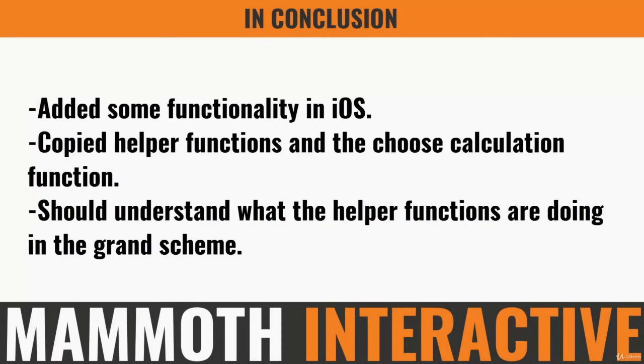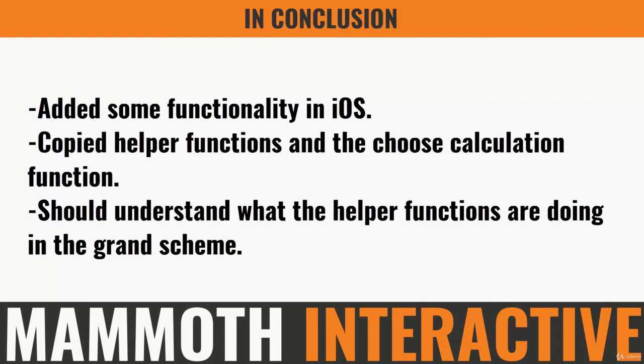Alright, so in this part we added some of the actual functionality in iOS. So what we did is we copied the helper functions from the Android portion as well as the choose calculation function. So these were three functions. There was the set hints, or set that we changed to set placeholder function. There was the print function, and there was the pass variables function.